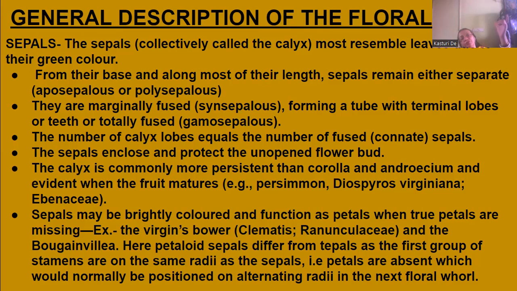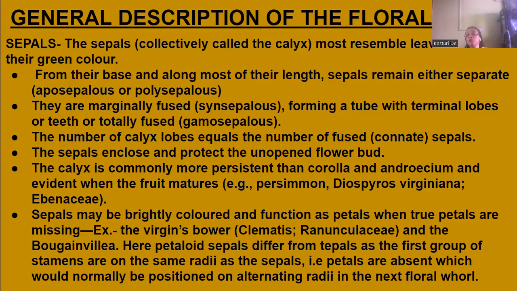And when they are totally fused, they are gamosepalous. The sepals totally form a tube-like structure. Or sometimes synsepalous, when some portion is fused and the upper portion is free, forming a teeth-like structure. Okay. Terminal lobes or teeth-like structure. So that is synsepalous.